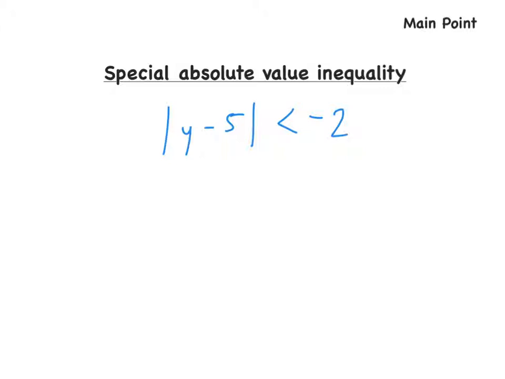If that absolute value equation was equal to a negative number, the answer was always no solution, right? It is the exact same thing for absolute value inequalities. If we have a negative number in the solution at the very beginning, the answer is no solution.